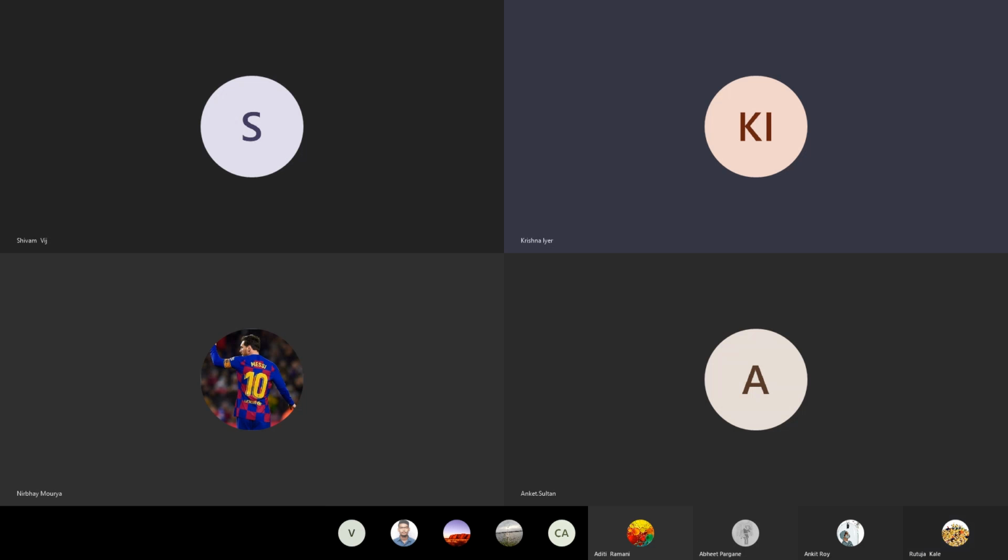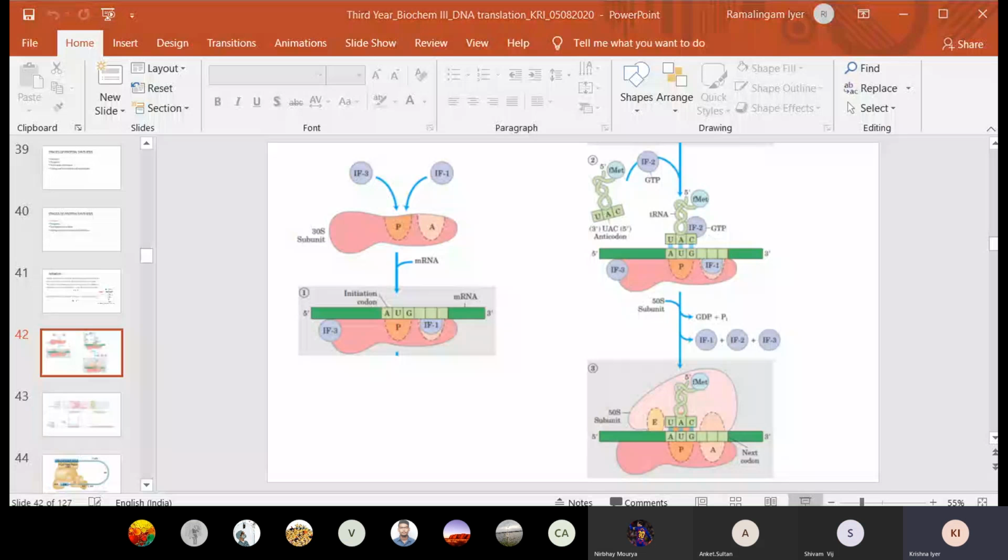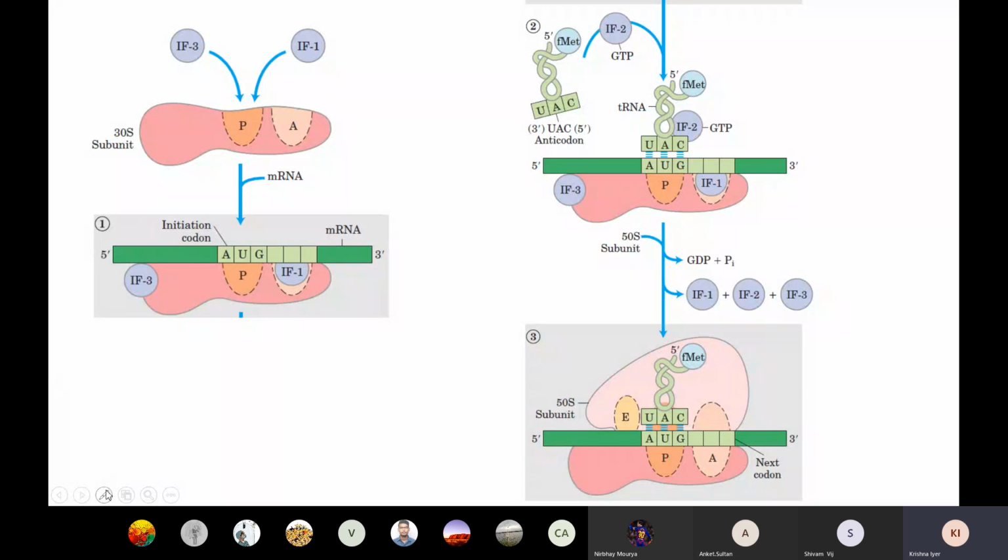I'm on hotspot. There was just a power cut. Okay, can you see my screen? I have to reshare, no? Let me share it again. Okay, can you see my screen now? Yes, sir. Okay.